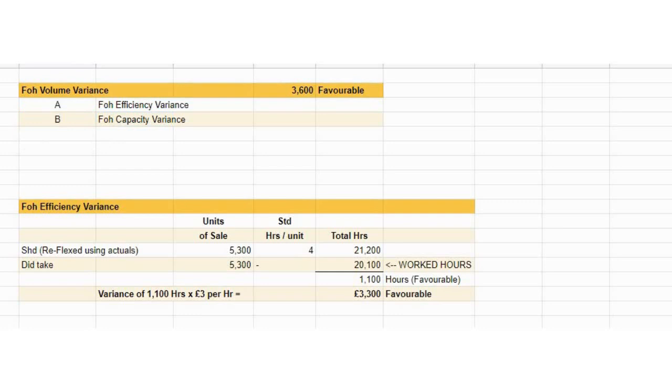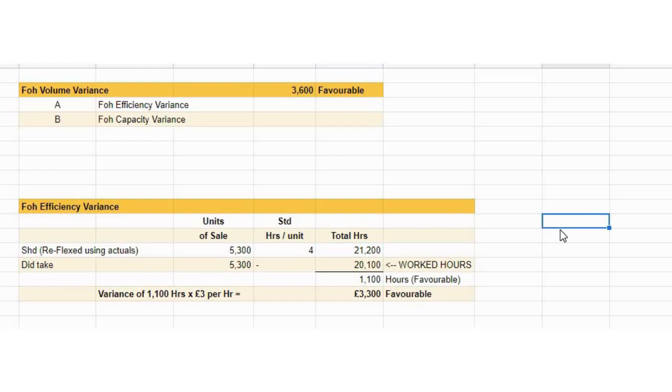The fixed overhead efficiency variance is almost exactly the same as the labour variance, except that it changes the rate per hour. Here we have the actual units of production times the standard hours of fixed overhead absorption per unit, which gives the total hours of 21,200.